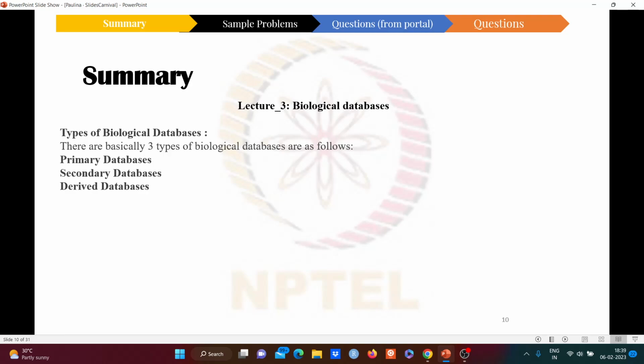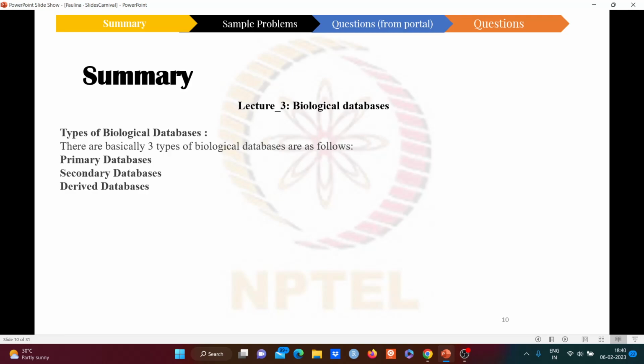In a secondary database, the data are highly curated, that is, processed before it is presented in the database. In the primary database, the data is uncurated, in a raw format, whatever the research or experimental people put in there. A secondary database is better and contains more valuable knowledge when compared to the primary database because it's curated and validated by several computational algorithms and methods.